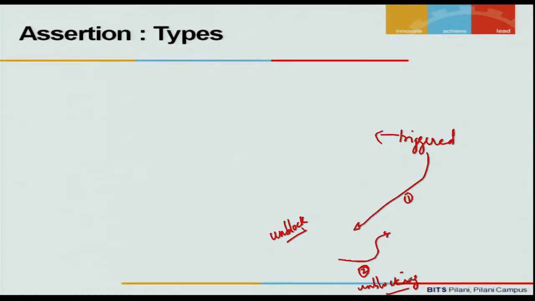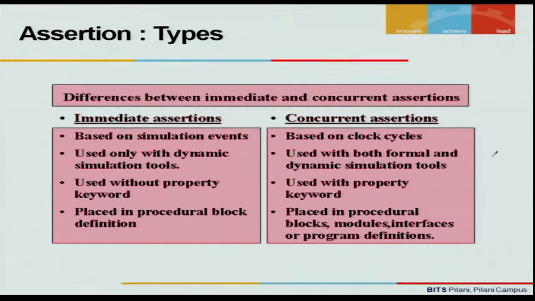Okay, so let's get on to an important concept: assertions in SystemVerilog. What are the assertion types? Basically, there are two kinds of assertions: immediate assertions and concurrent assertions. Immediate assertions are based on simulation events. For example, if there is a condition in which you are checking whether A is equal to B, and if it is true, then an assertion will be thrown.